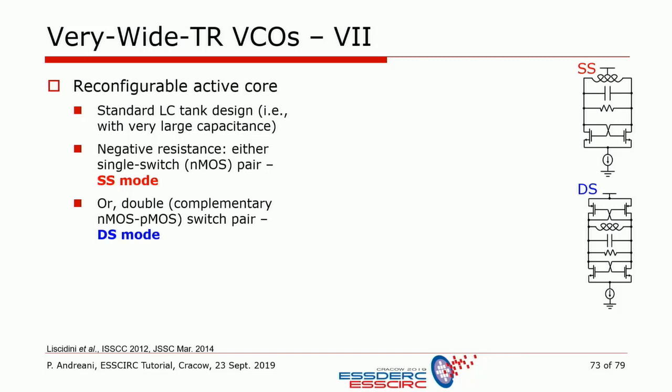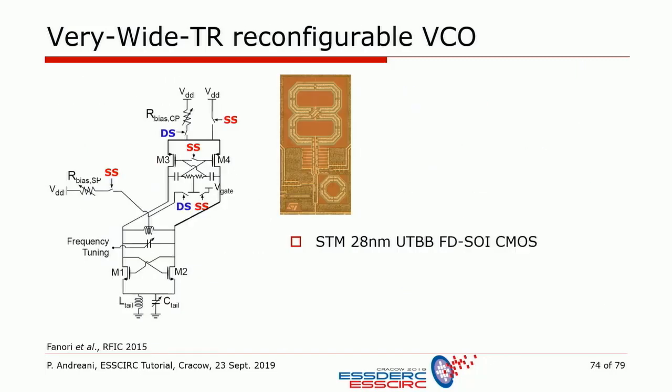If we want to go for the lowest possible phase noise, go for this one. And this is our take for this implementation. Especially extremely good, my then postdoc Luca Fanori devised a way to switch between the 2 topologies while losing less than 1 dB because of the switching.